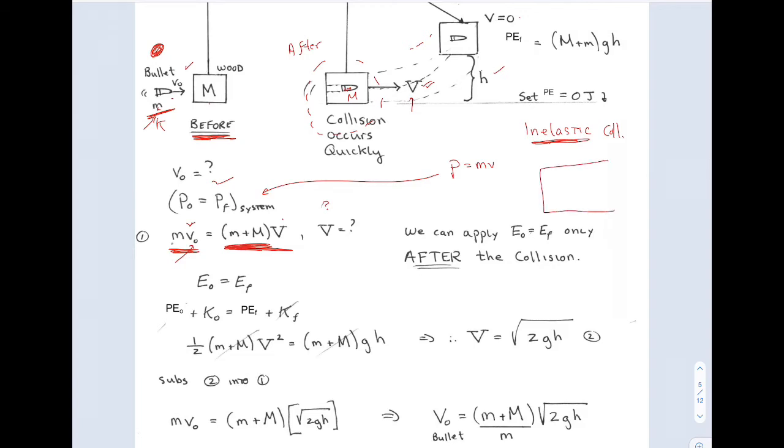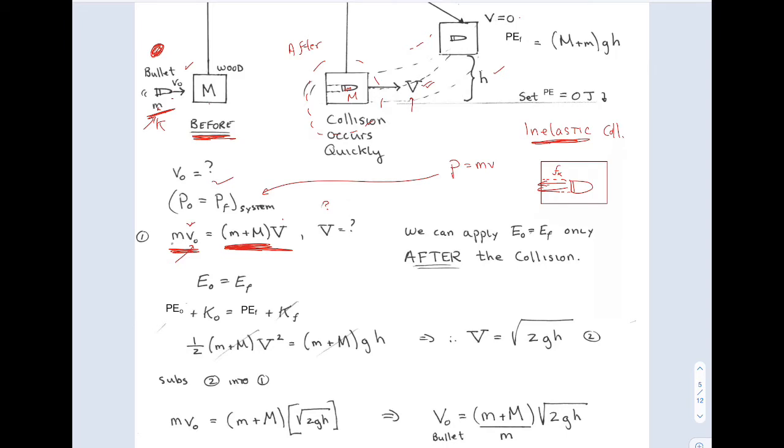When the bullet collides with the block, the bullet has to drill a hole to eventually stop. While the bullet's drilling a hole, you have these huge kinetic friction forces that cause the bullet to stop in the block. That would be like taking a drill and drilling into a block of wood.